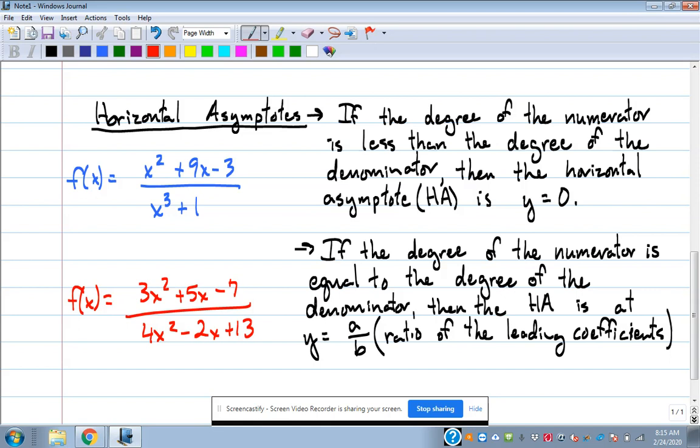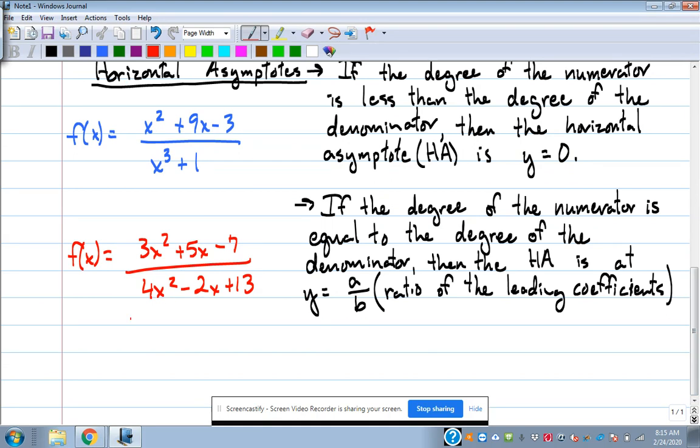And I look at the leading coefficients. What's the leading coefficient of the numerator? 3. It's the number that's in front of the highest powered term. Okay, so the highest powered term is x squared. So it's a 3 in front of that. Highest powered term in the bottom is x squared. There's a 4 in front of that. So the horizontal asymptote, because they're equal, is going to be at y equals 3 over 4.